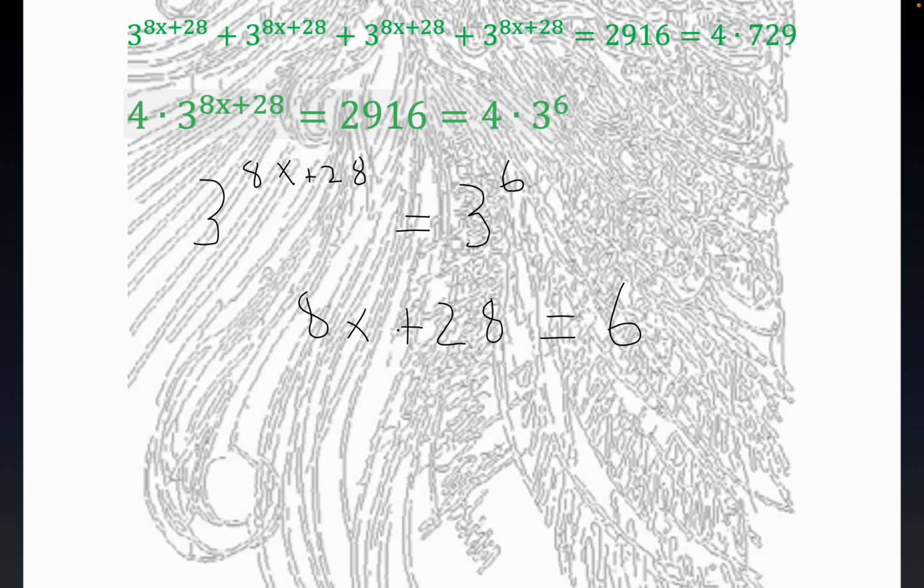If we subtract 28 from both sides, we get 8x equals negative 22. And let's see if we can handle this in our head. If you divide through by 8 and divide by 4, you get x is equal to minus 11 over 4. Minus 11 divided by 4 is the solution, folks.